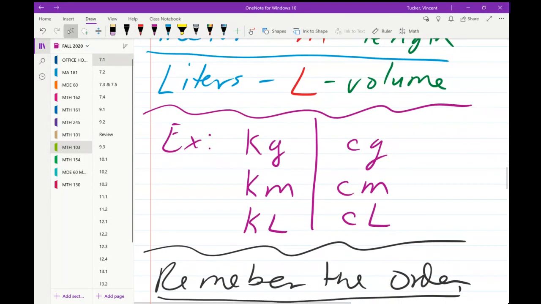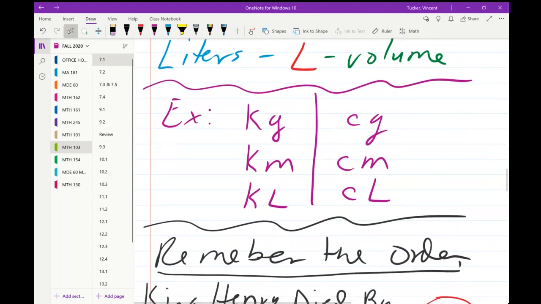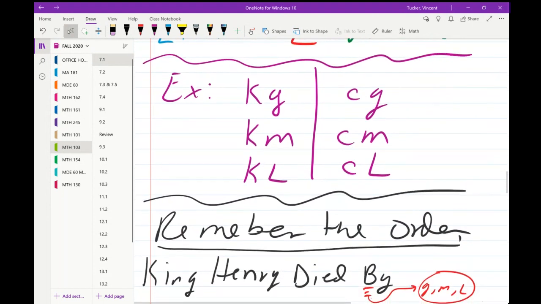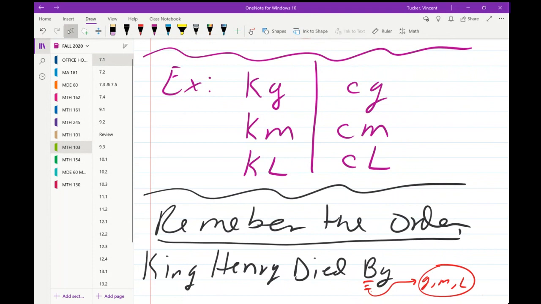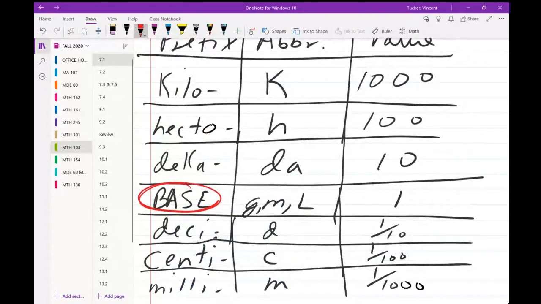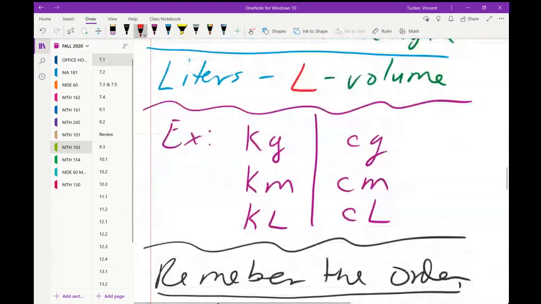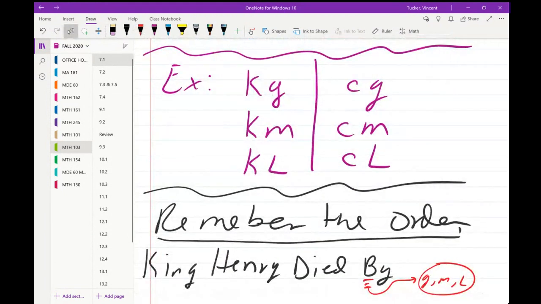All right. So the next thing we're talking about when it comes to the metric system is remembering the order. Don't forget that all of them have a value and it's in a certain order as far as which one is greater versus which one is smallest. That order matters because you're moving in multiples of 10.